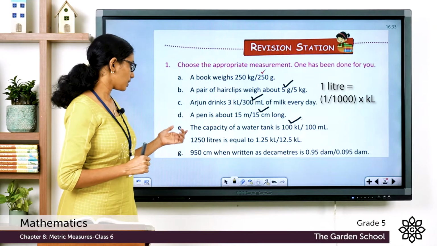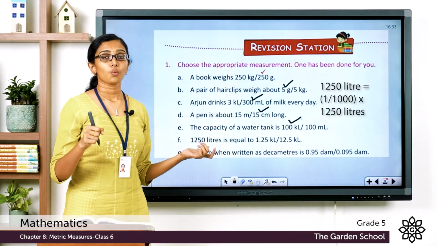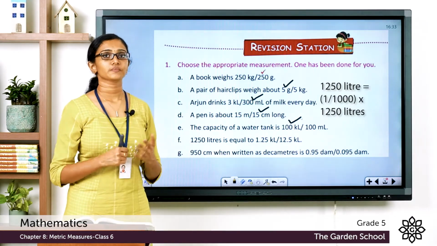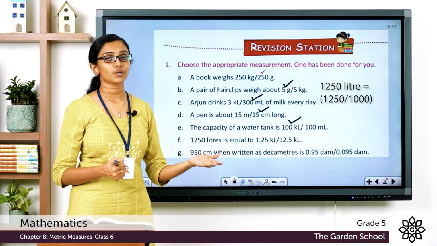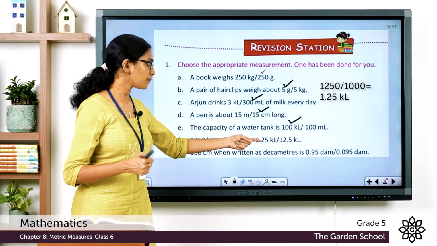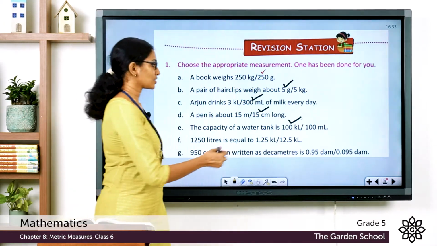So if it is 1250 liters, that is equal to 1250 divided by 1000, which is equal to 1.25 kiloliters. So let's take the correct choice here.